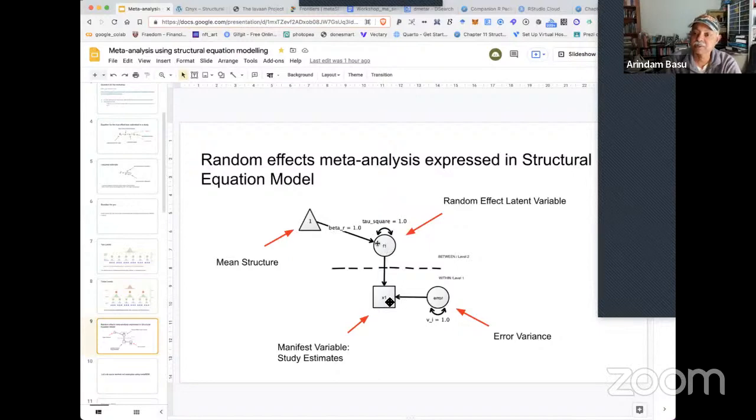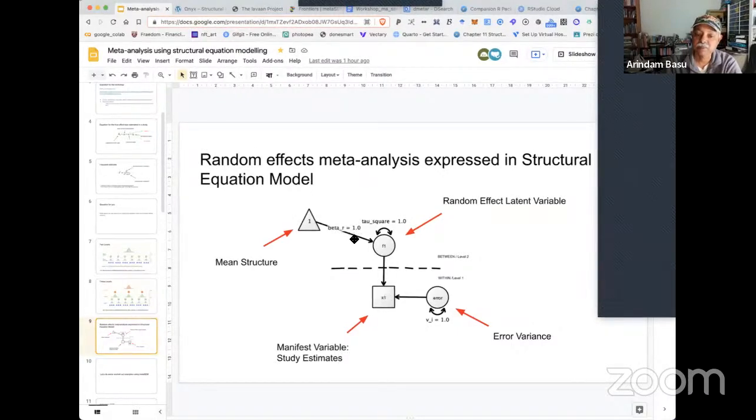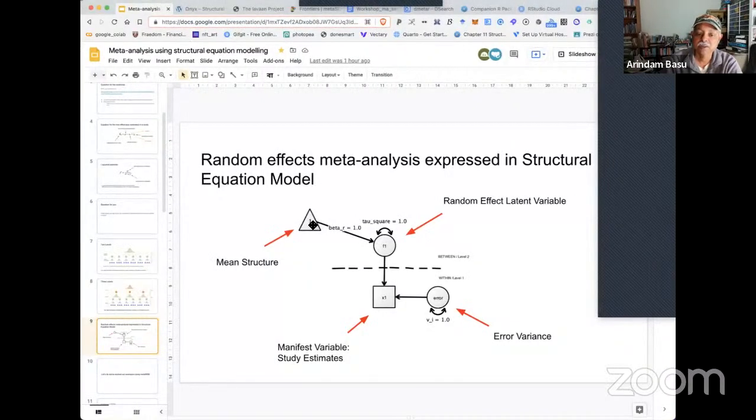X1 has its own variance that is explained by F1, which is an unobserved variable, and that will explain the variation in X1. In setting up that regression equation, we will have an intercept term, but the mean of that is given by beta r. If we had an arrow that went from here to here, that would be the intercept term, but that's not relevant here. What's relevant here is the random mean, or random effects.